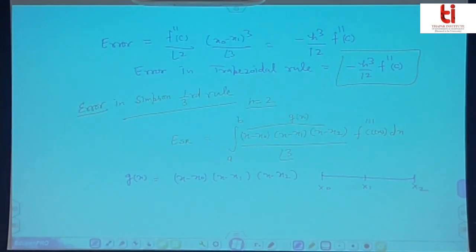If x belongs to the interval x0 to x1, then x minus x0 is positive, x minus x1 is negative, and x minus x2 is negative, so gx will be positive.